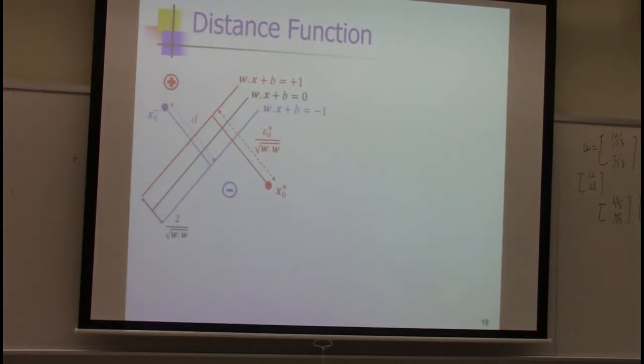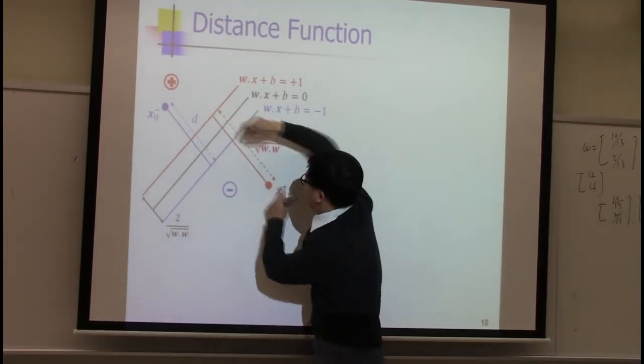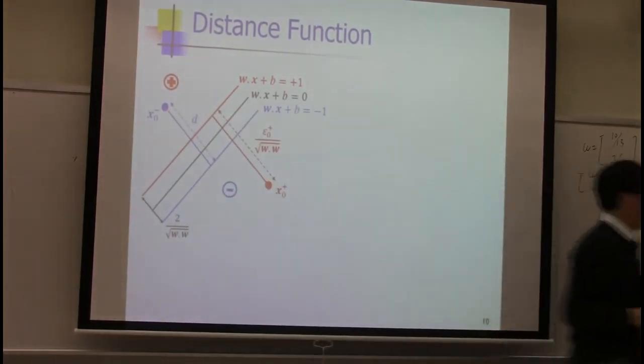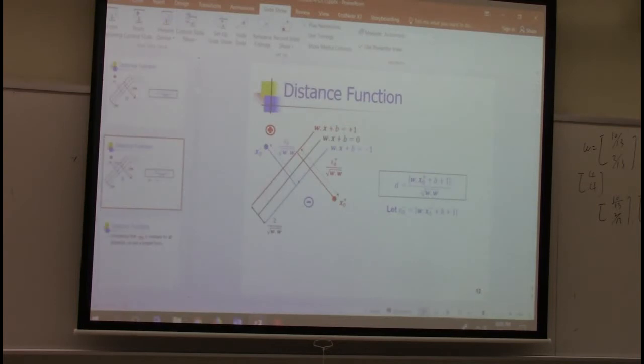And then we consider another case. In the previous case, we have a red point that is in the negative space, and then we have a green point that is in the red space, and then we have this error, right? This is the error for this point. And the error for the second point is w... by the way, it should be minus.